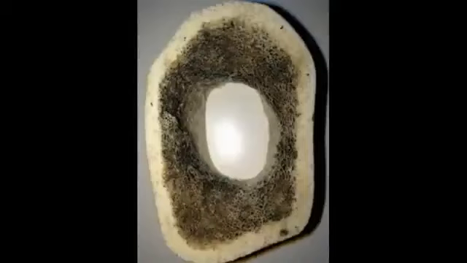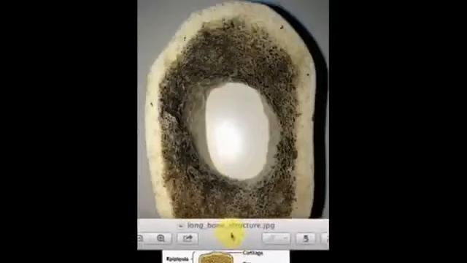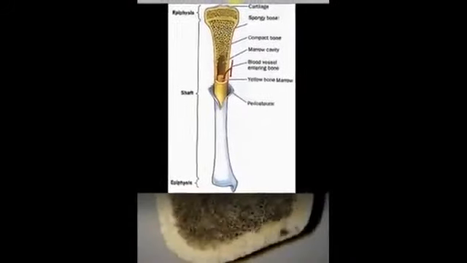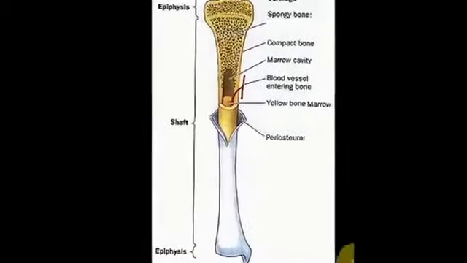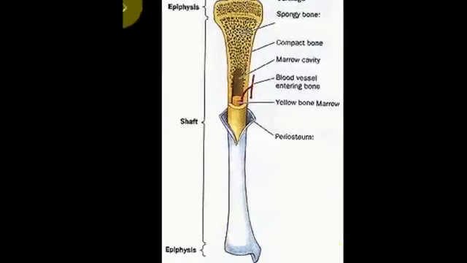Then, if one understands this process, then you can understand the structure of the bone for each part of the body of the man or any animal.